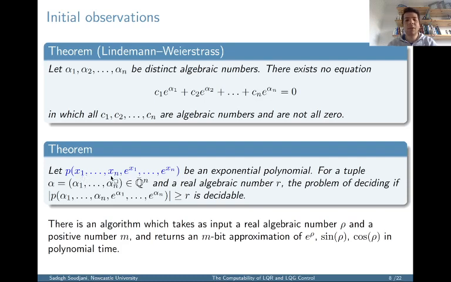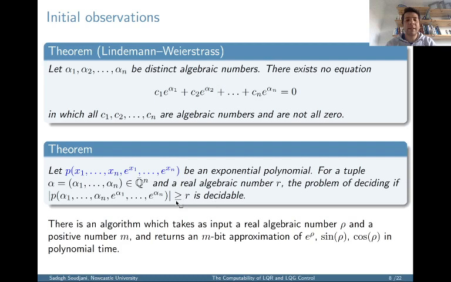Suppose I want to evaluate this exponential polynomial at algebraic points, so alpha 1 until alpha n are algebraic. And the problem of deciding whether the value of this exponential polynomial at this point is greater than or equal to r is decidable. How does it work?